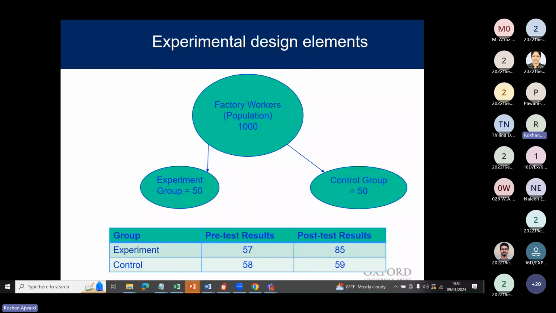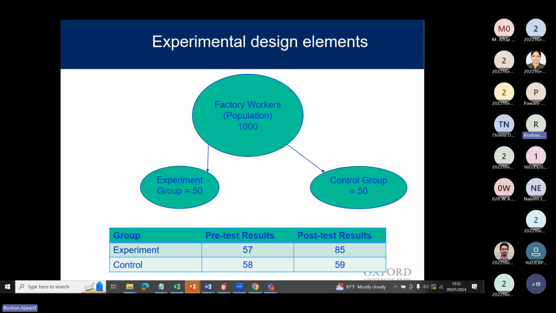So what's your conclusion? Is the training program effective? Yes, sir. Why do you say yes?